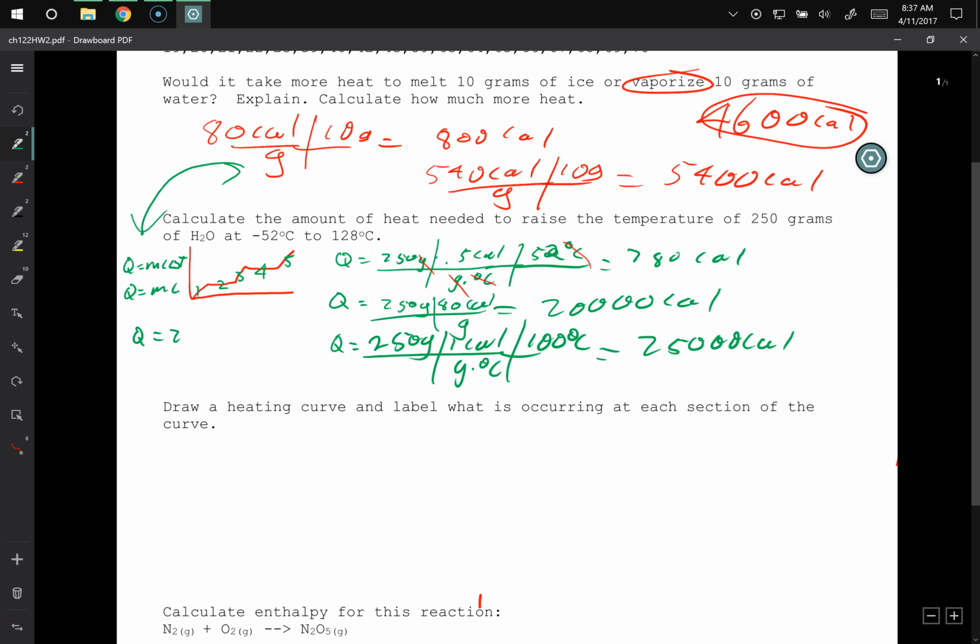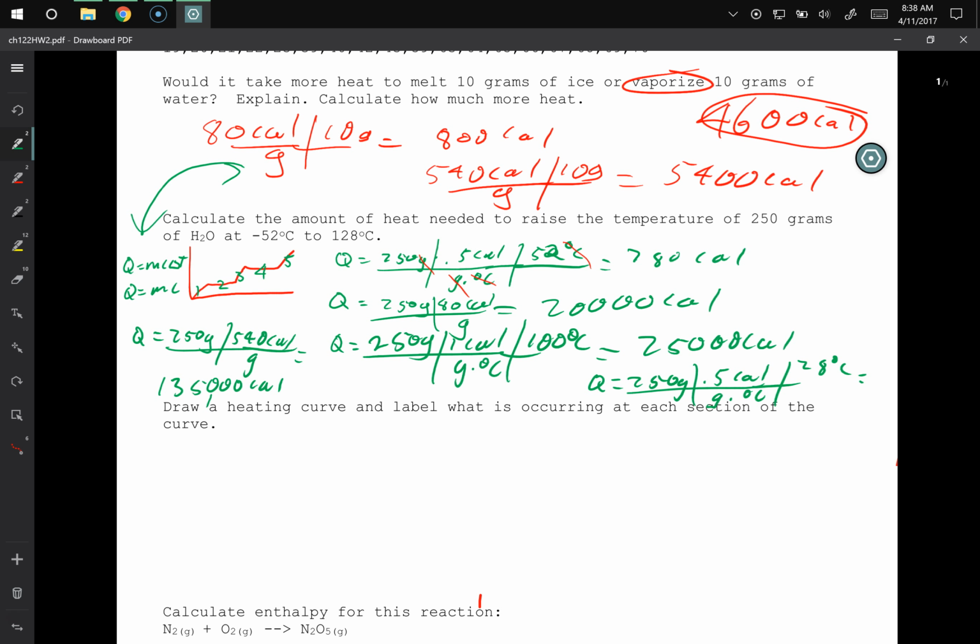And then we'll do Q equals 250 times 540 calories per gram. I get 135,000 calories. And then the last one, Q equals 250 grams, 0.5 calories per gram degree C, and then what are we taking at 28 degrees Celsius? 2 times 25.